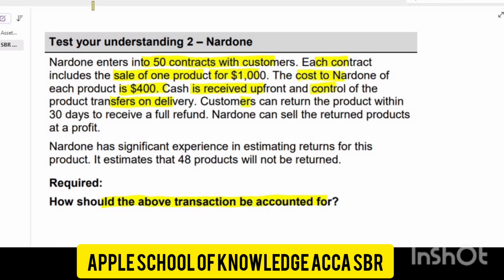The customer can return the product within 30 days to receive a full refund. N can sell the returned product at a profit. There is significant experience in estimating returns for this product, and it is estimated that 48 products will not be returned. So you recognize revenue for only 48 products.